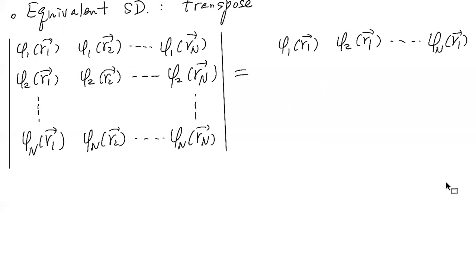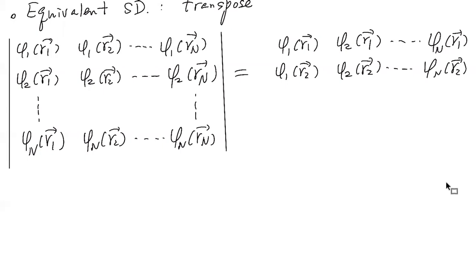And the second row becomes the second column. You have phi 1 R2, phi 2 R2, until phi n R2, right?